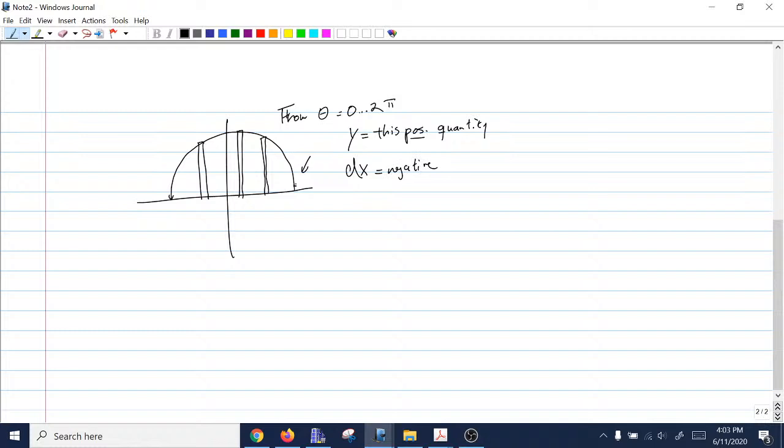Because my x quantities are going from x equals 1 to x equals negative 1. My x quantity is decreasing. dx, the change in x, is negative at every step of the way. So I'm going to get that area integrated against a negative differential. I'm going to end up with a negative number, as if I had integrated from 1 to negative 1 instead of integrating from negative 1 to 1. So the integral from 0 to pi of y of t dx dt is going to give us this area, but negative.